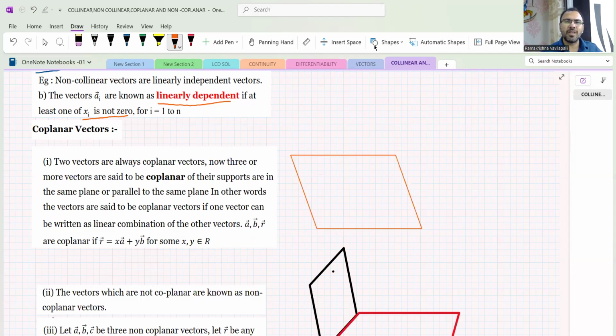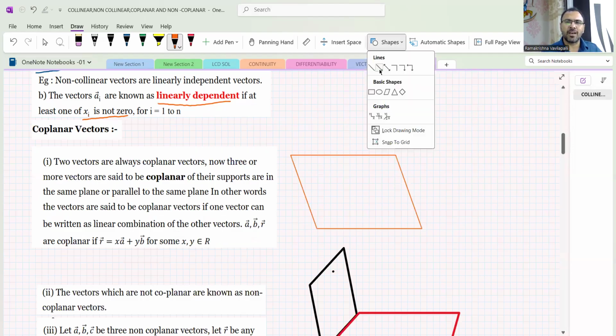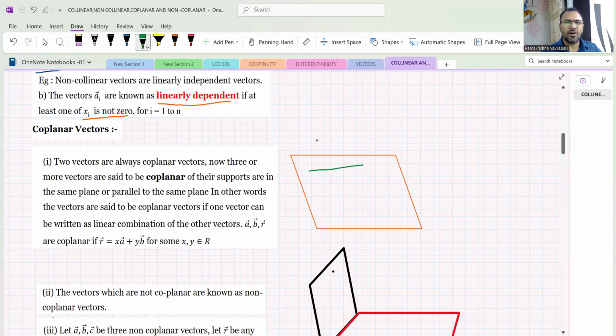So for example, I would like to draw a few vectors. Here, I'll take some vectors on this plane. This is one vector, this is another vector, this is another vector, or they may be parallel to the plane, like this also I can take.